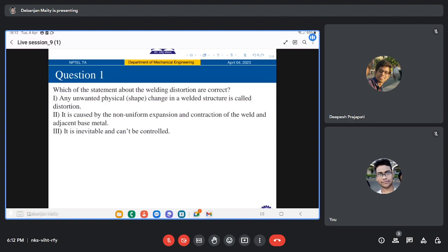Because of some mismatch in your coefficient of thermal expansion, some kind of stress can be generated. Stresses can also be induced by a temperature gradient. How does this temperature gradient happen? There can be a differential rate of expansion during heating, or the rate of contraction can vary during cooling within the volume of material or within the structure, right?